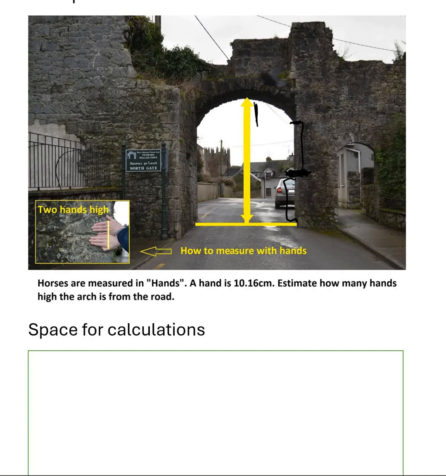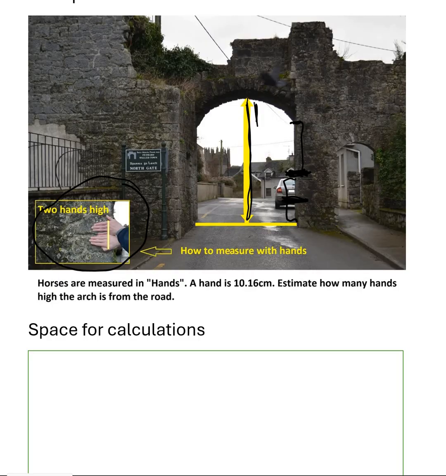So it is an estimate. So what you do is you'll go to the arch, put your hands on top of each other like this, and see how many hands it takes to get to a certain point. Maybe a quarter of the way up, and then to get the full way up, you'll multiply by 4. But there are multiple different ways of doing this, and there's no one correct way, or really incorrect way either.